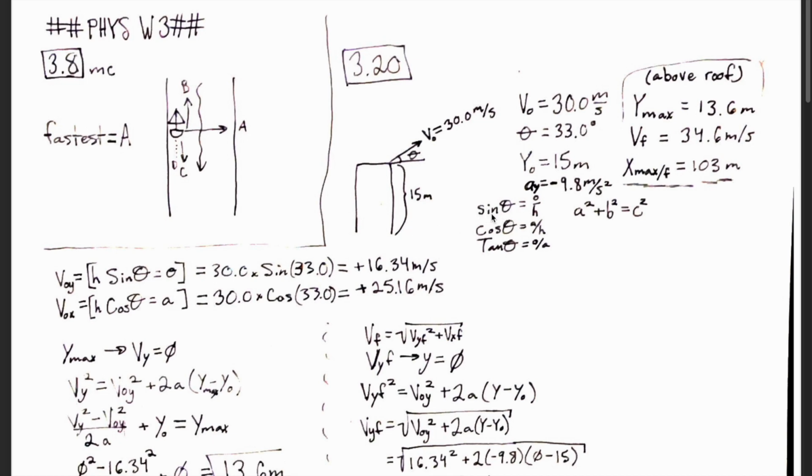And then over here you see sine equals opposite over hypotenuse, cosine adjacent over hypotenuse, tangent opposite over adjacent. Those are the sine, cosine, tangent values for a triangle, right? We talked about that in our first recitation, so hopefully y'all remember that. And then over here we have a squared plus b squared equals c squared.